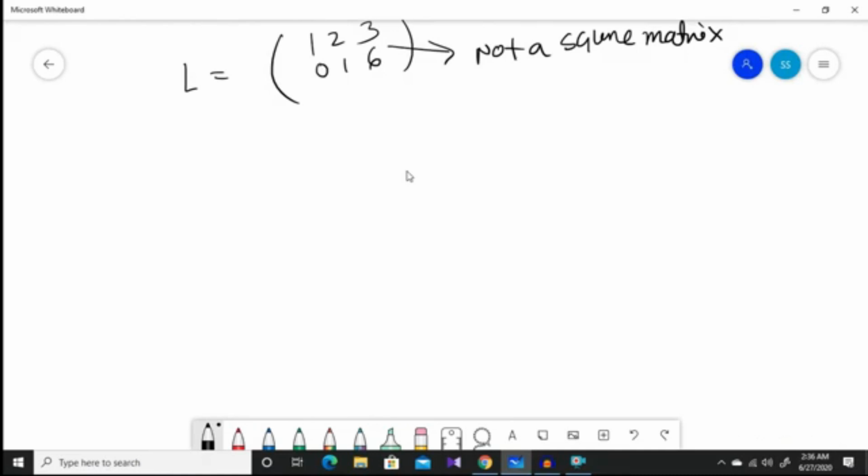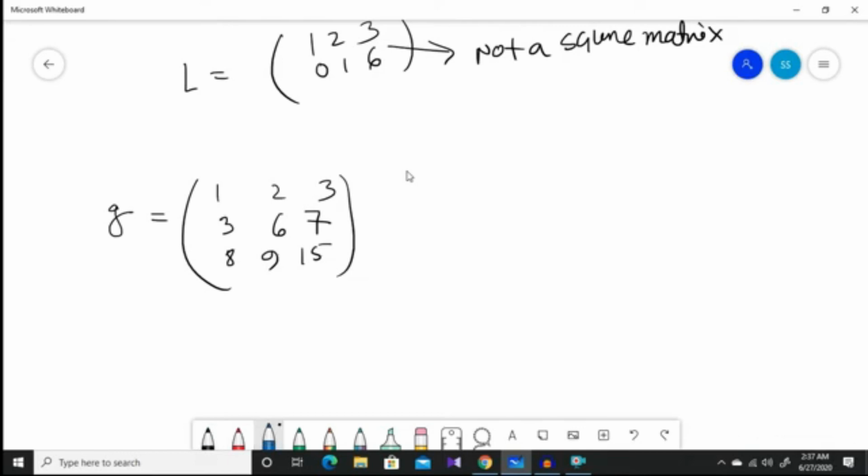Now, inside a square matrix, you can have something called a principal diagonal. That is, let's take a square matrix again. Let's write it as small g, and you have 1, 2, 3, 3, 6, 7, 8, 9, 15. The principal diagonal is this part that I'm highlighting right now.